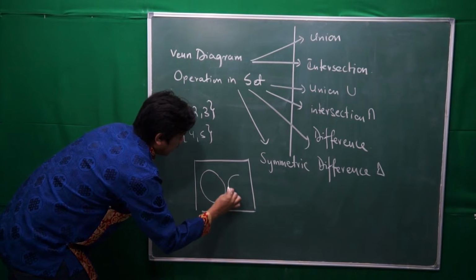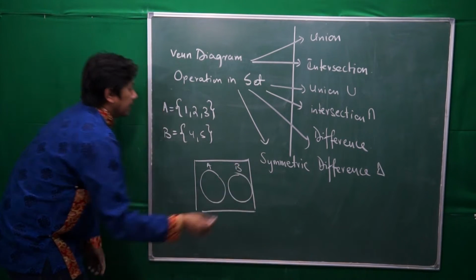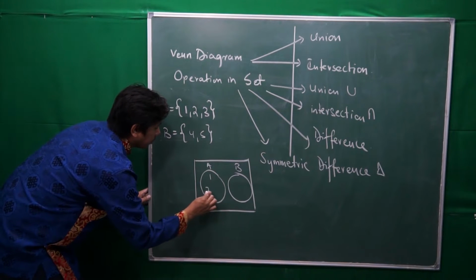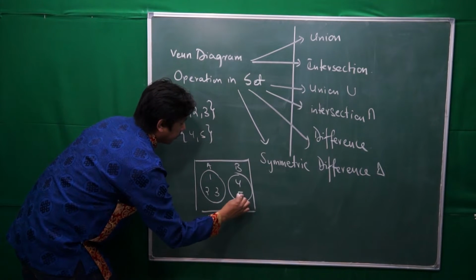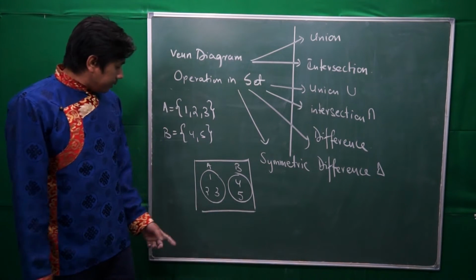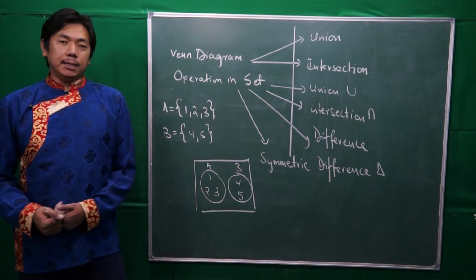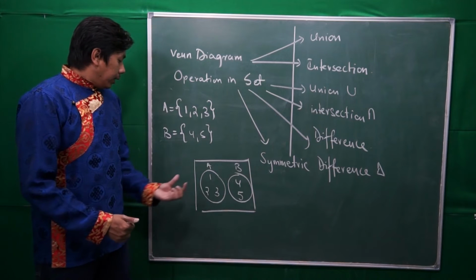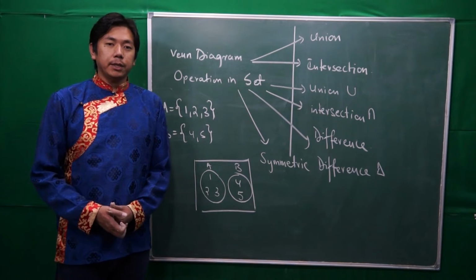This is set A, this is set B. Set A has elements 1, 2, 3, and set B has elements 4, 5. From here it is clear that there are no overlapping elements in both the sets. So in this case there would be no intersection.